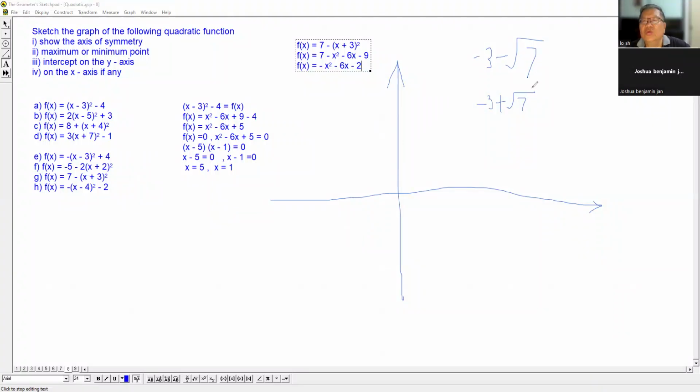Square root of 7 is 2 point something. So this one is negative 5 point something, and this one is negative 0 point something.